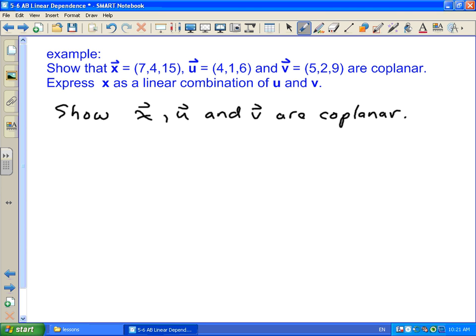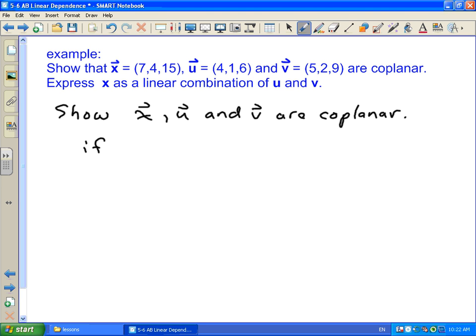There are two ways of showing that three vectors are coplanar. One of them is to write one of them as a linear combination of u and v. We're going to end up doing that anyways. There's a shorter way of doing that, and that is to evaluate the triple scalar product of these three vectors.